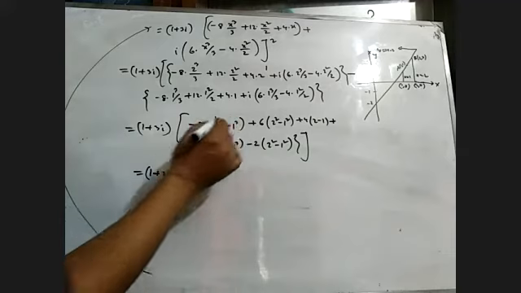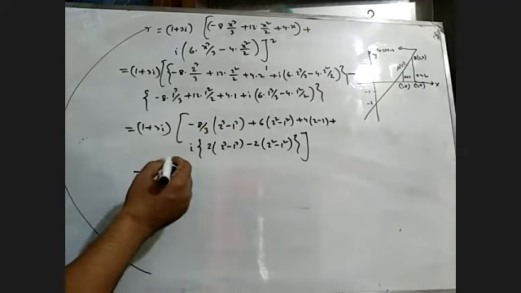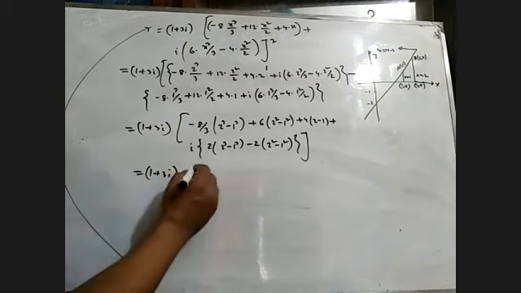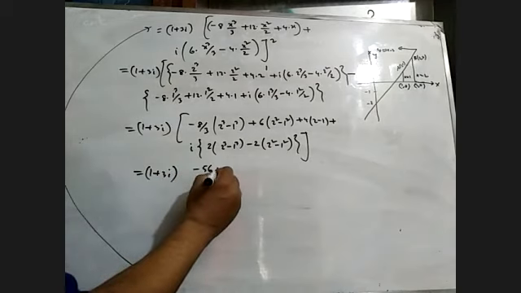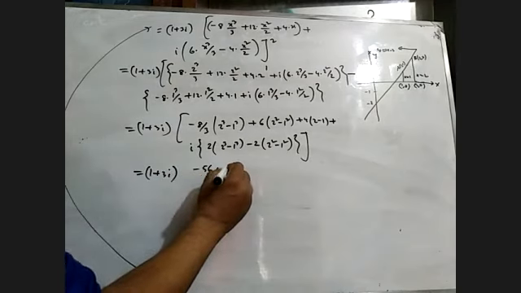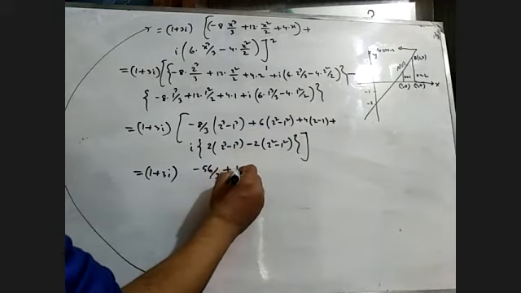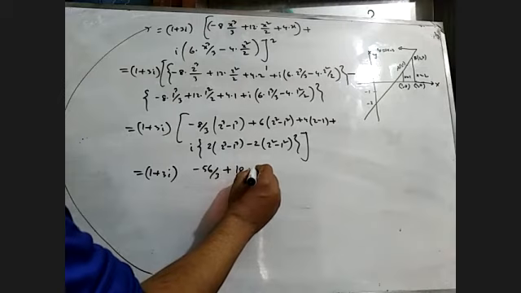Now this means what? 8 minus 1, 7. 7, 8 multiply what? 56. Right? Plus this 4 minus 1 means 3, 18. Plus 4 in 4.